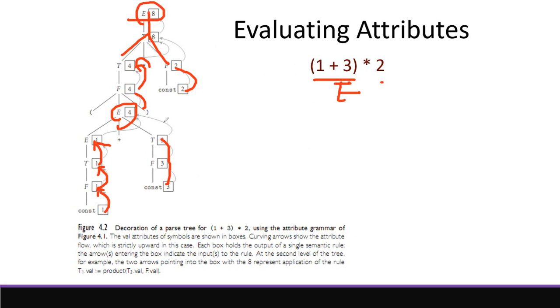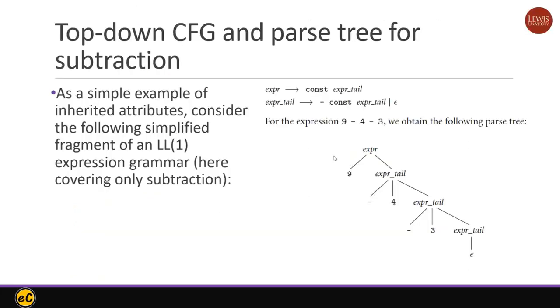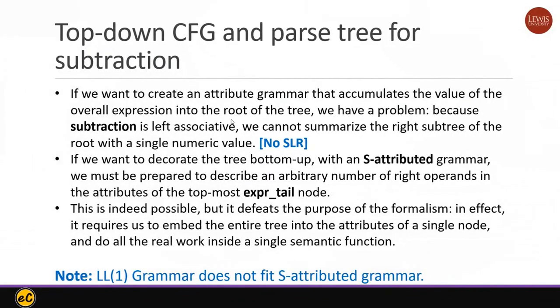This one is mostly S attribute, but anyway, that's evaluation of attributes. So we build up the context-free grammar into the syntax tree like this, and then we decorate each node with the value, and you will be able to do evaluation.